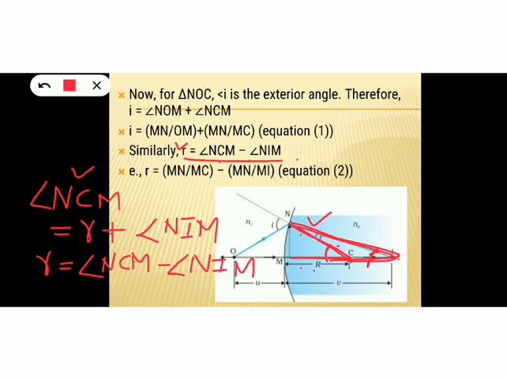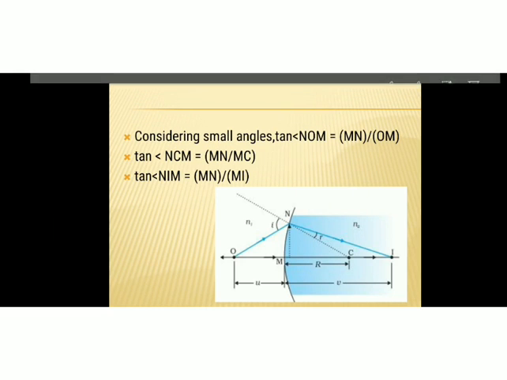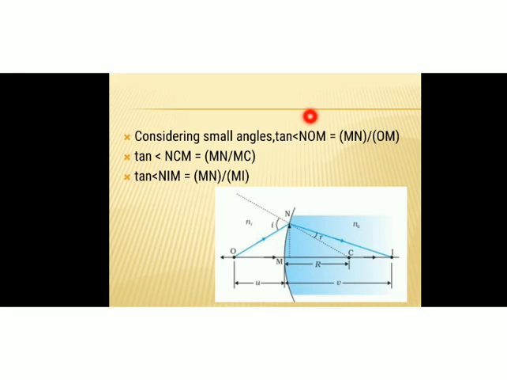Okay. Now here also we got the expression for I. I is angle NOM plus angle NCM that we got previously. Now just substitute the expressions for angle NOM and angle NCM. So from the previous slide we already got the expression for angle NOM. Do you remember what is angle NOM? So here you got tan of angle NOM, and tan of angle NOM is approximately equal to angle NOM. And what is that angle NOM? It is MN by OM.